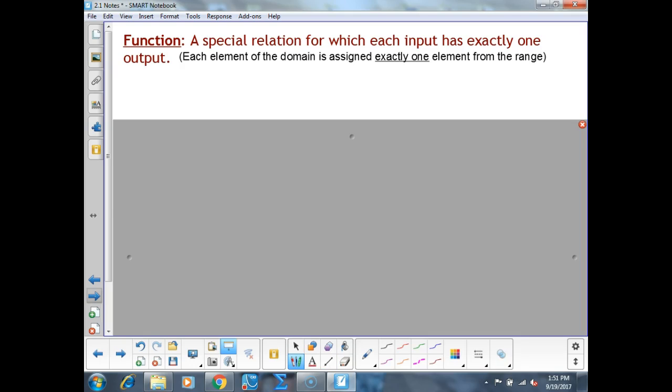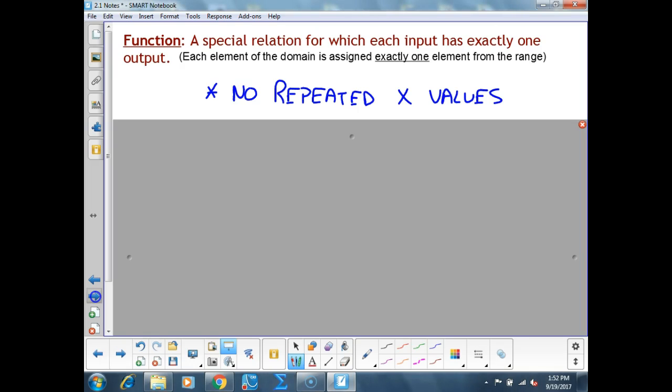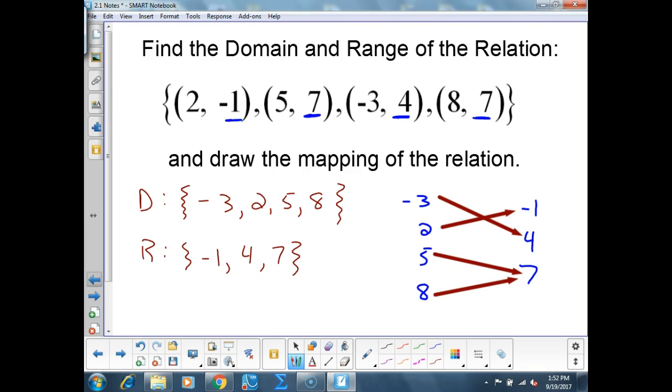That's fancy book speak for saying this: a function has no repeated x values. There's no repeats in the x's. So if I go back and look at this one, are any of the x's repeated? No. So this relation is a function.